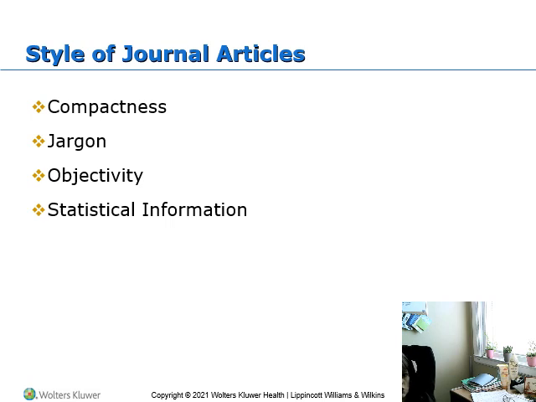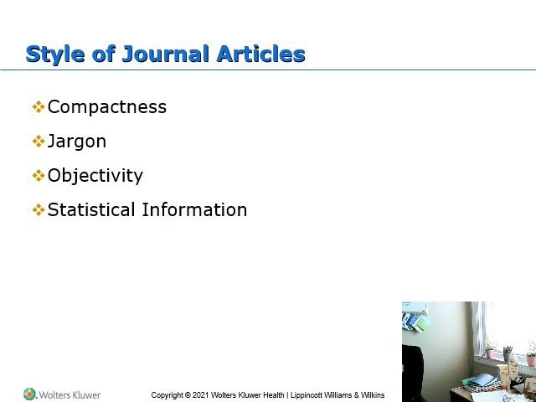And every journal has different requirements based on the type of journal. So there are journals that include both quality improvement projects as well as research studies. There are journals that are strictly research studies. There are journals where research is written at a more understandable level versus at a higher level.